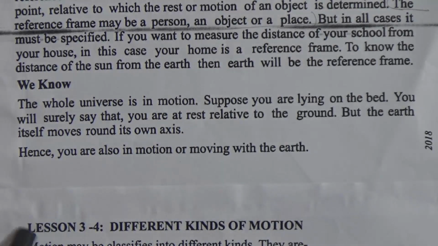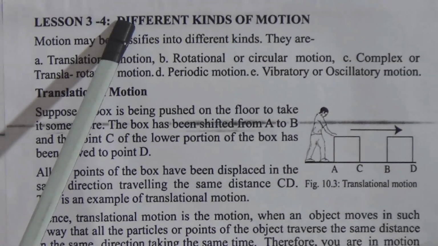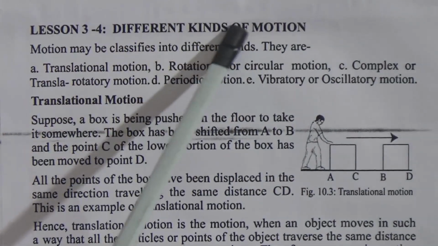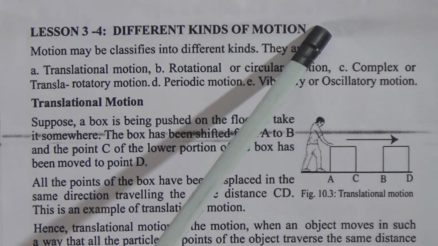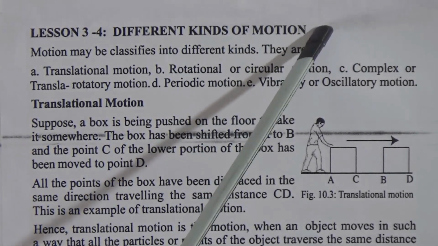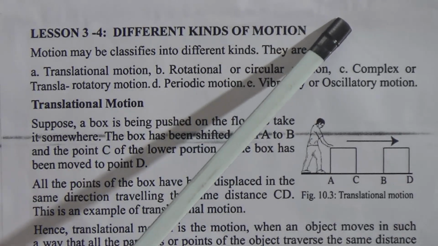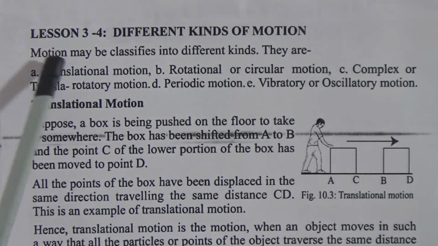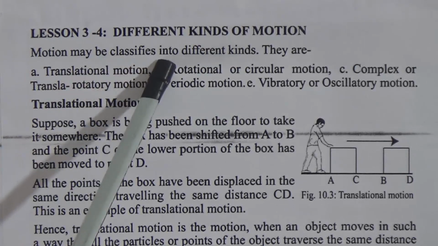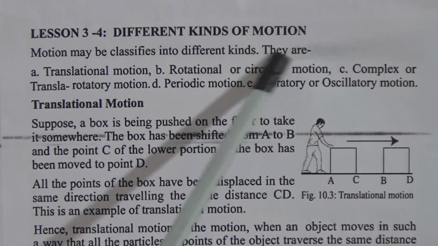Now we will discuss lessons 3 and 4, that is, different kinds of motion. Dear students, today we will discuss some parts of this lesson and the other parts we will discuss in our next class. Motion may be classified into different kinds.